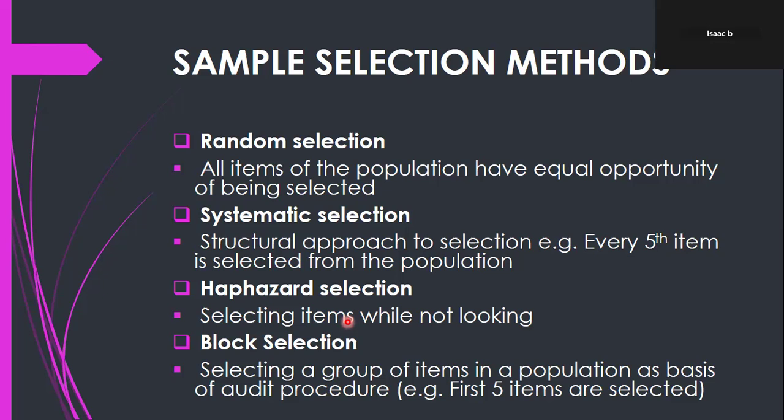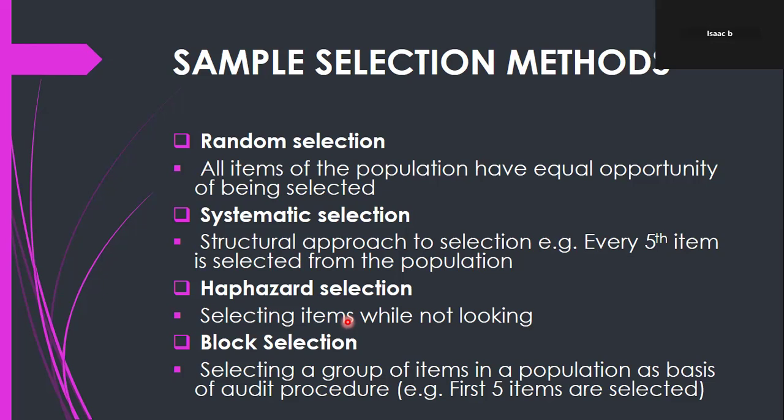Then block selection, selecting a group of items in a population as a basis of audit procedure. So for instance, we've got 20 invoices. I'll go back to 20 invoices, right? So now, if we say, okay, the first five, or maybe we say the middle five, 10 to 15, those invoices have got similar characteristics.